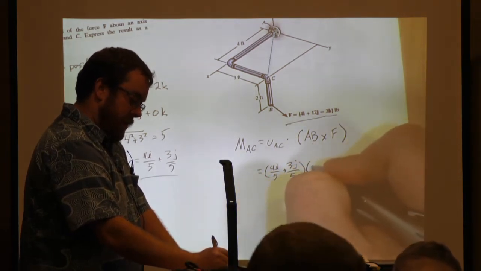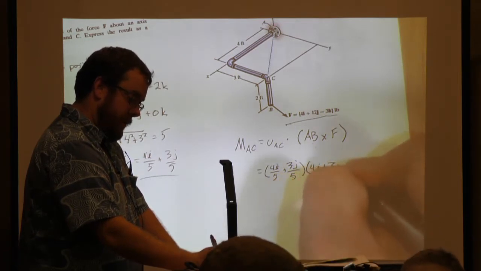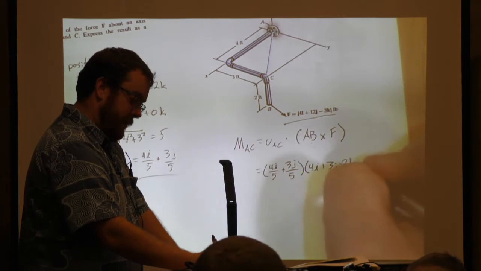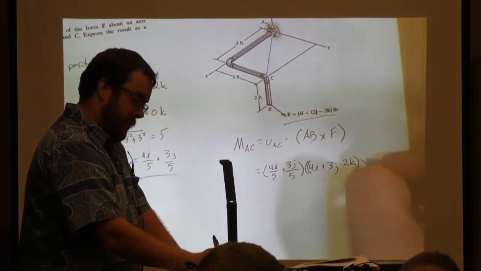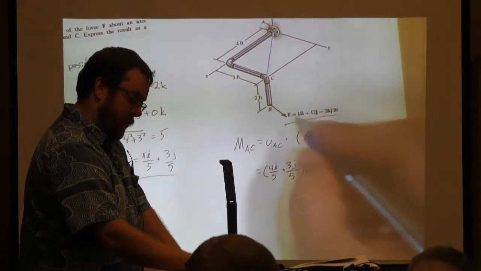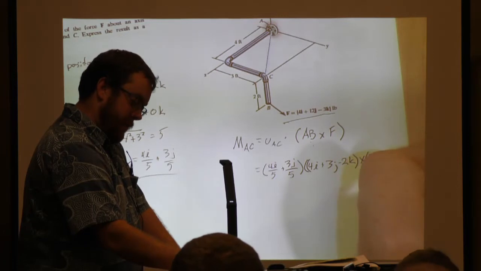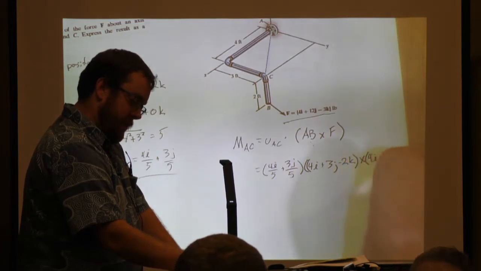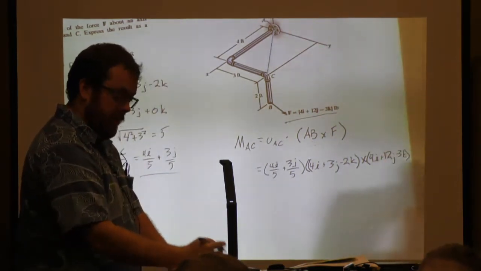Vector AB, or position vector AB, 4I plus 3J minus 2K, we'll just put that in parentheses. It's going to be crossed with the force over here, 4I plus 12J minus 3K. All right? And then there's going to be another parentheses out there.